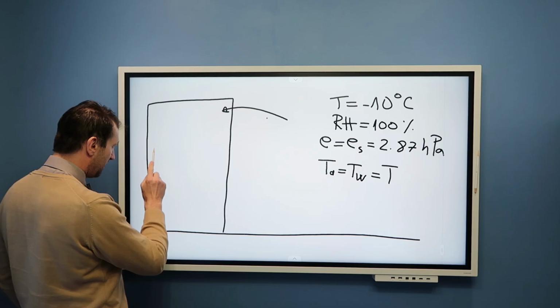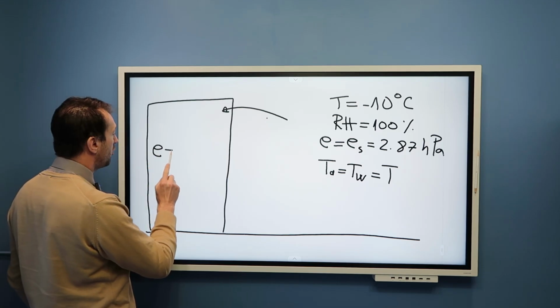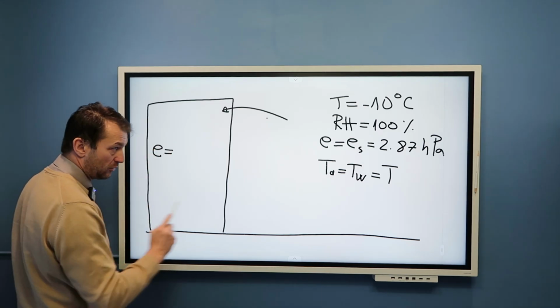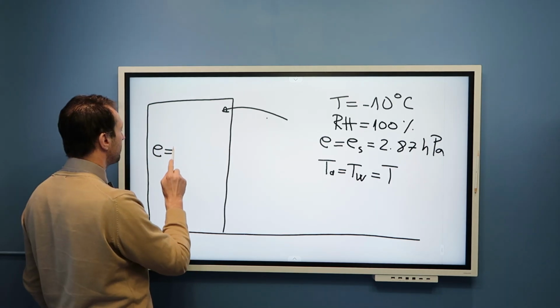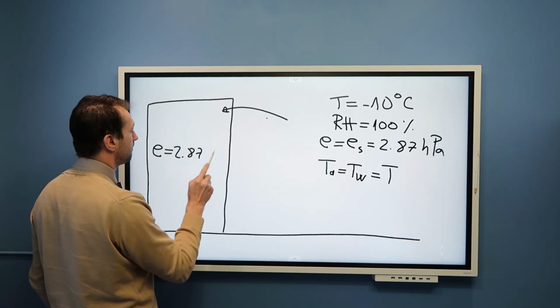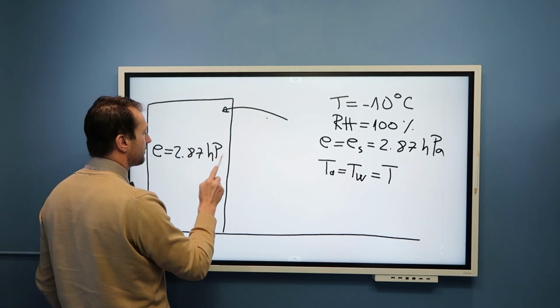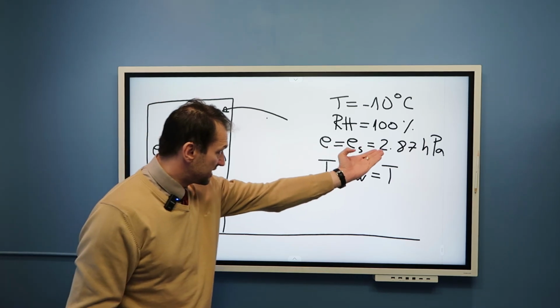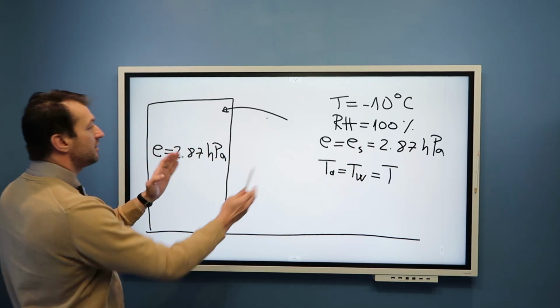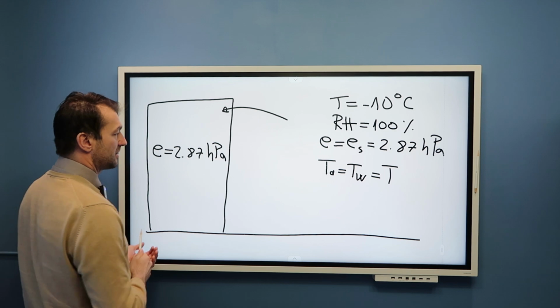Well, it means that the partial pressure of water vapor inside of this house will be 2.87 hectopascals. Because, as I just told you, this amount of water vapor entered together with this air inside.